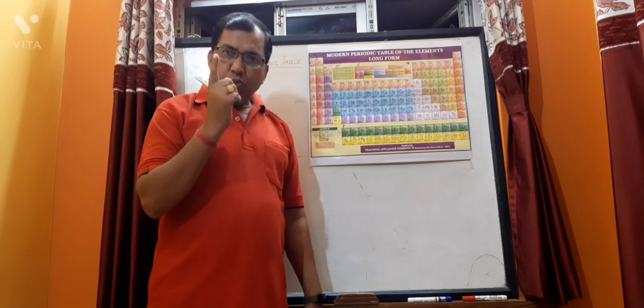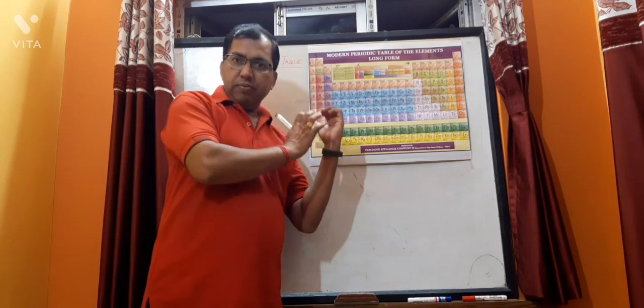How many electrons in one orbital? 2. So only group 1 and group 2 belong to this block.